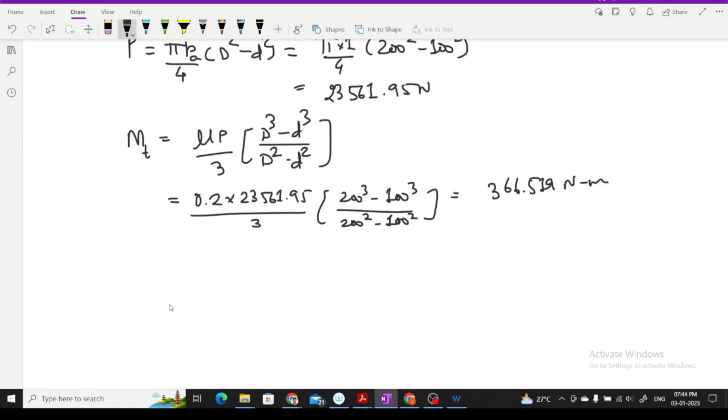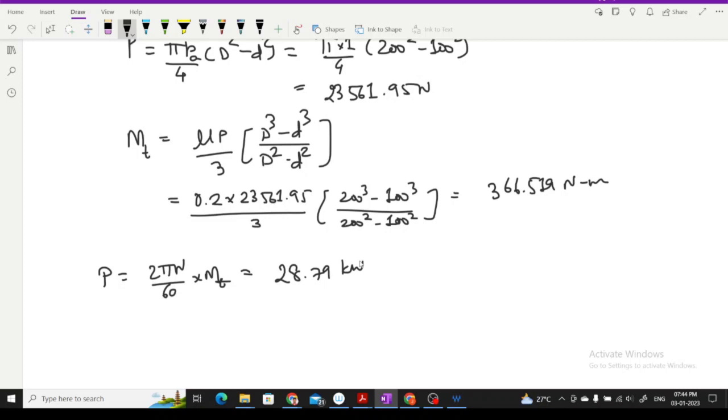Now you need to again calculate the power. 2 pi N T by 60. RPM is given as 750, right? So here power transmitted is 28.79 kilowatt.